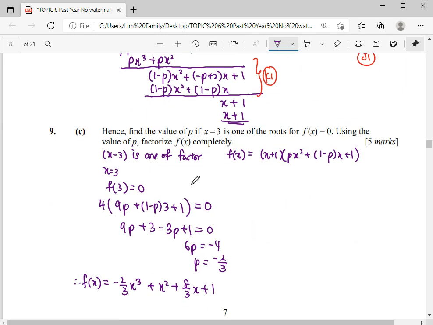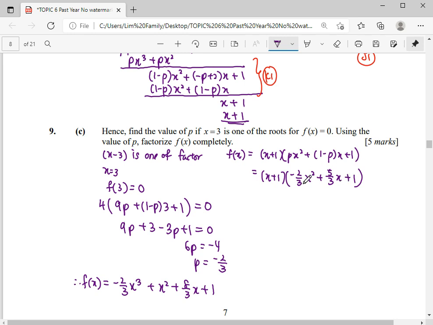We finish the first task, find the value of p, and then using this p value, factorize it completely. So our factorized form here, we can also substitute x plus 1. Now our p is negative 2 over 3 x squared. This is our factorized form.